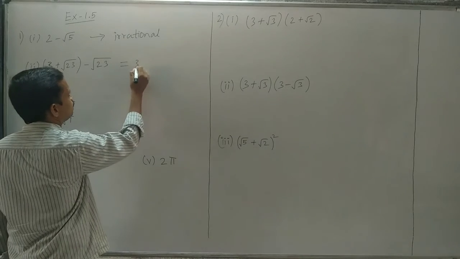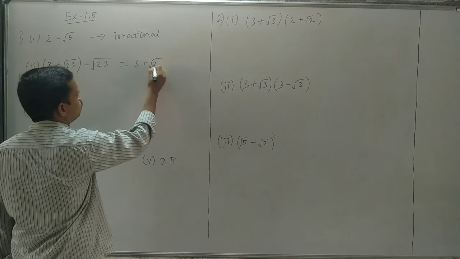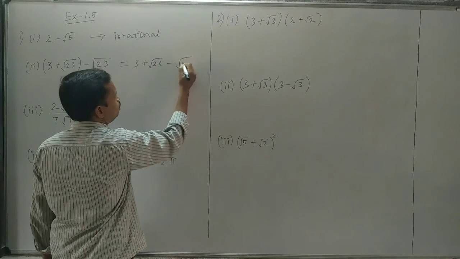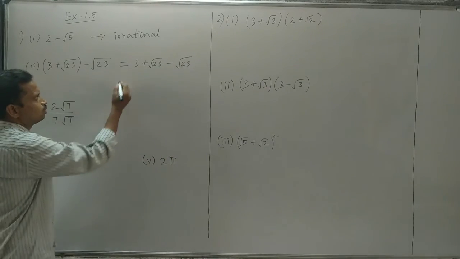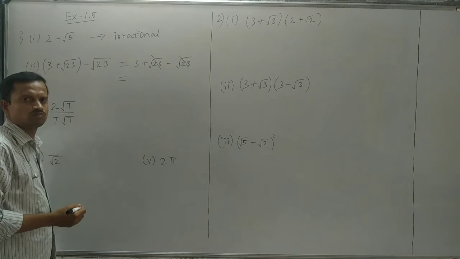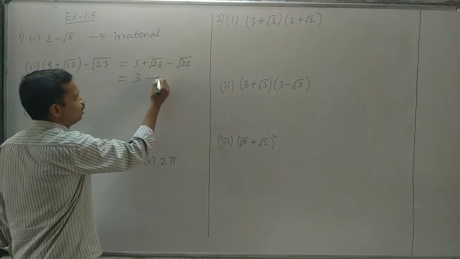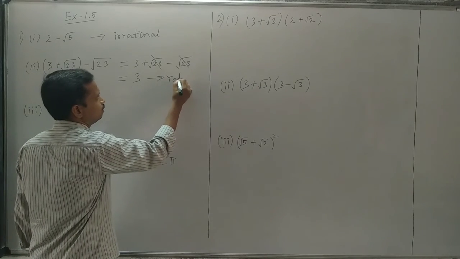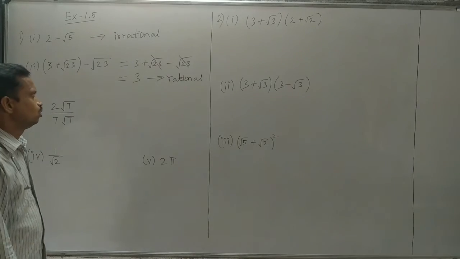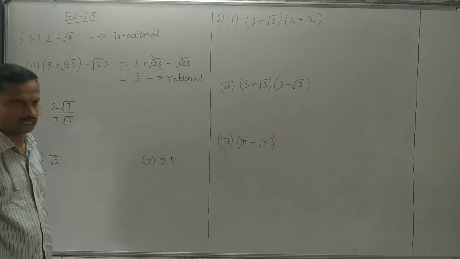So 3 plus root 23 and then after that minus root 23. If you cancel plus and minus root 23, we get only 3, which is rational. So after simplification of the given problem, we can tell that 3 is rational.